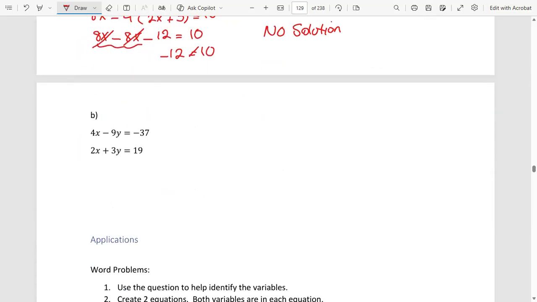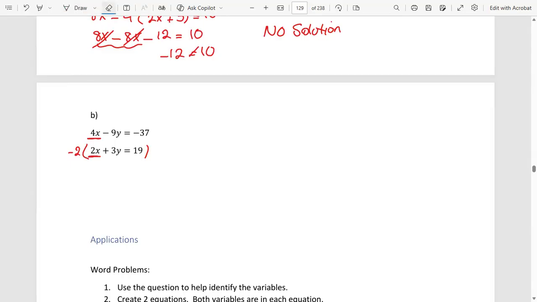Next equation. This time I want to choose the elimination method, and I want to eliminate y. If I want to eliminate x, since I have 4x there, I have to have negative 4x on the second one, so I have to multiply the whole equation by negative 2 to give me negative 4.